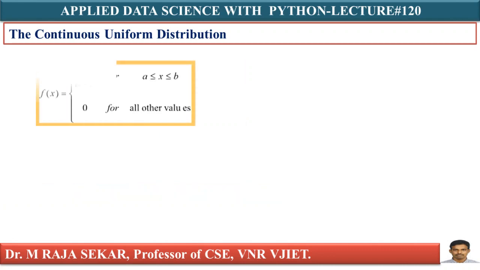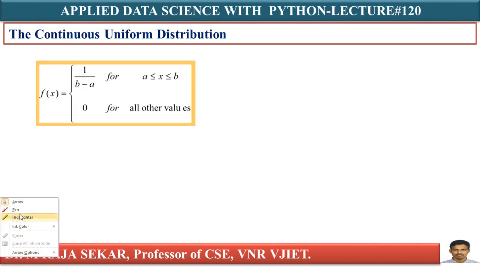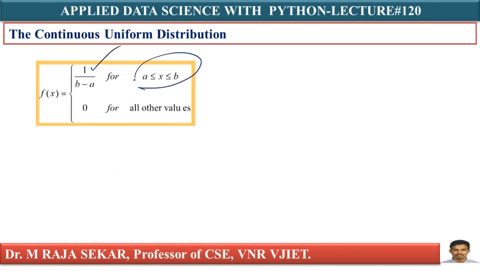Just look at this uniform distribution. The uniform distribution is defined in the interval a less than or equal to x less than or equal to b. So the probability density function, PDF, is f of x equal to 1 by b minus a for a less than or equal to x less than or equal to b.